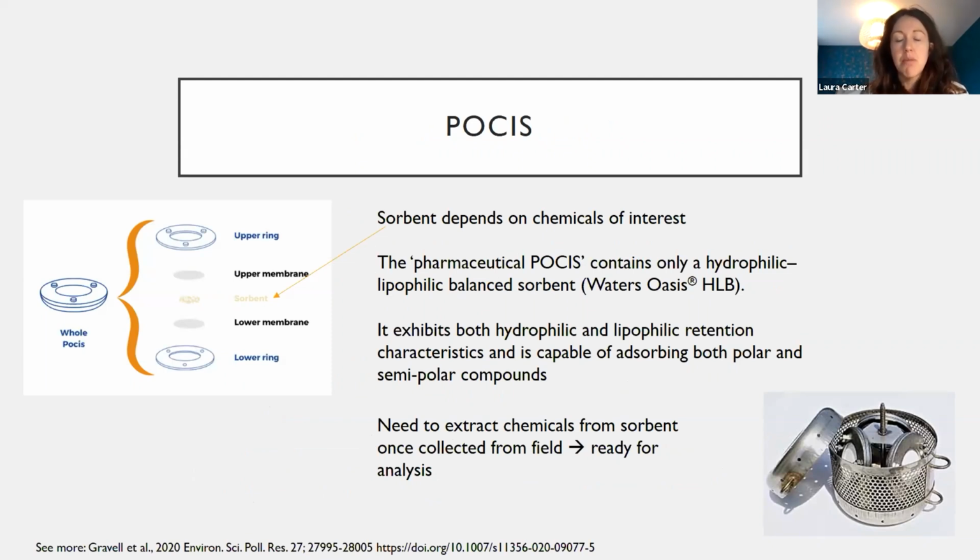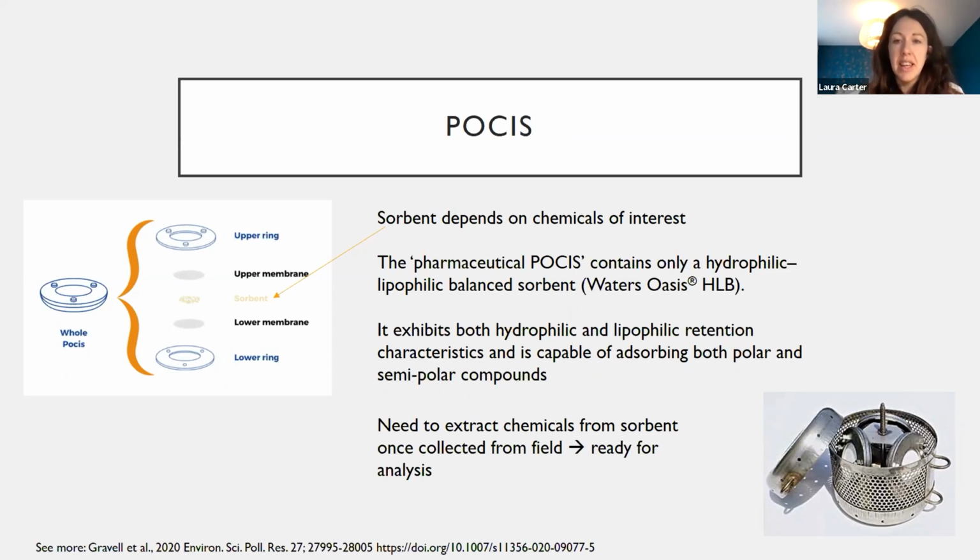It comprises a receiving sorbent, enclosed between two diffusion membranes. To prevent the loss of these membranes, you encase this within O-rings, which are typically made of stainless steel. You sandwich your sorbent in between all of these rings, and it's placed most often in a metal basket, which is then left in situ in the field.